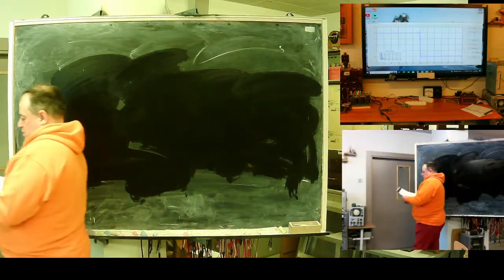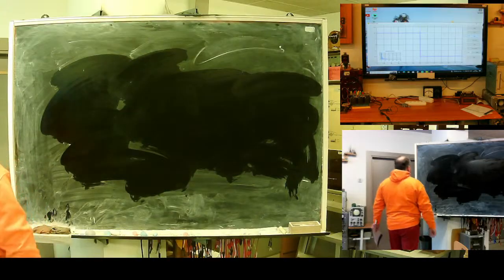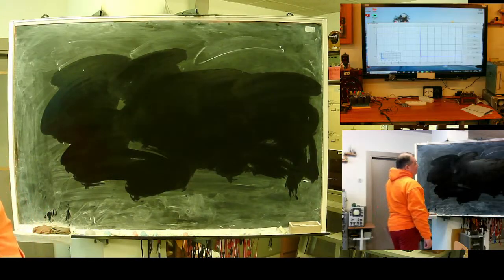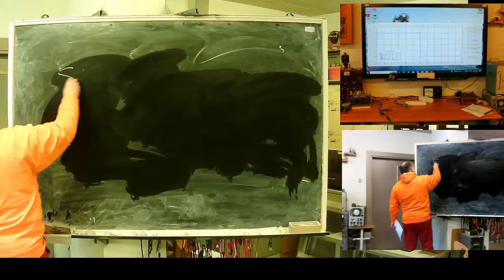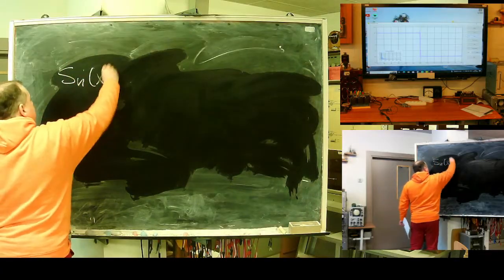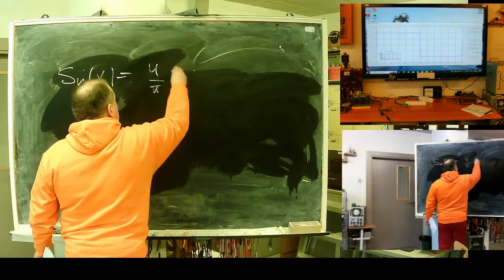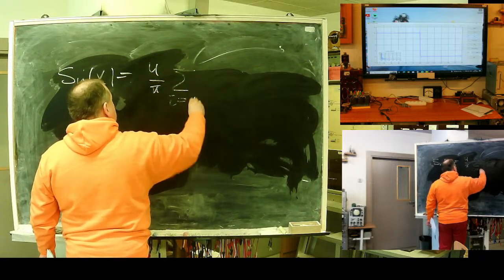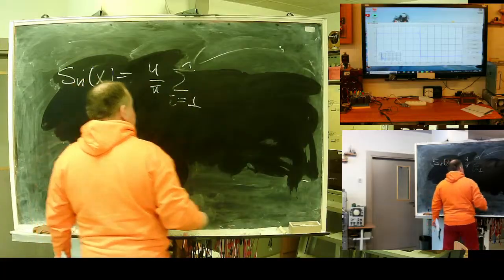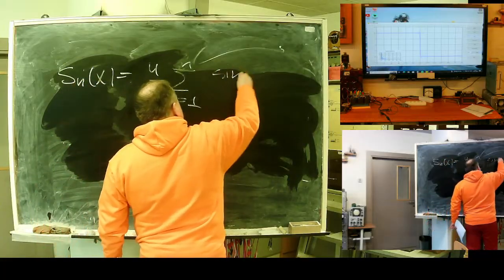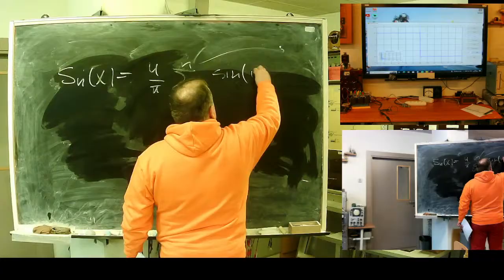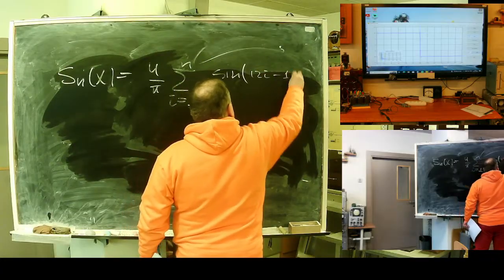We need to take a look at the first n elements of the series, being 4 divided by pi, the sum where i goes from 1 to n, of sine of (2i minus 1)x divided by (2i minus 1).